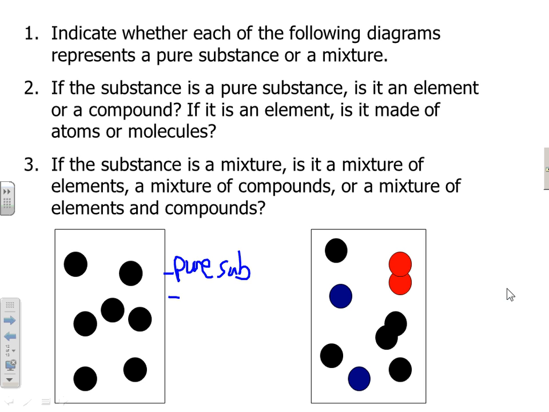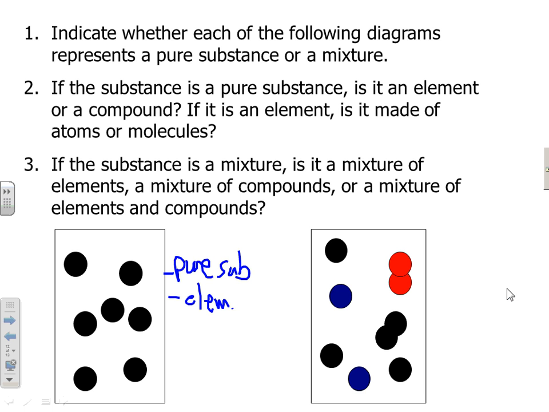I agree. Is this pure substance made up of an element or a compound? Yeah, it's an element, because they're all the same, right? And they don't have two different dots. This deals with mixtures, so I'm not worried about it.